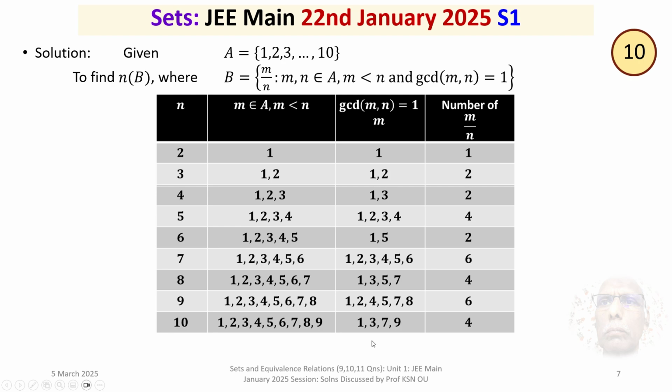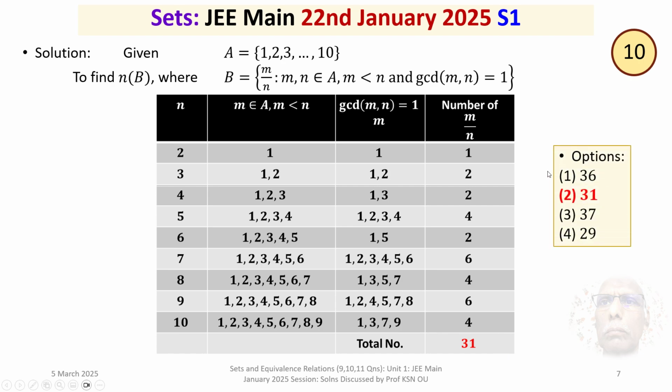So the remaining are 1, 3, 7, 9. How many? 4. Thus, the number of m by n is given by the sum of these numbers. When you add all these, you get 31. So the number of elements in B is 31.